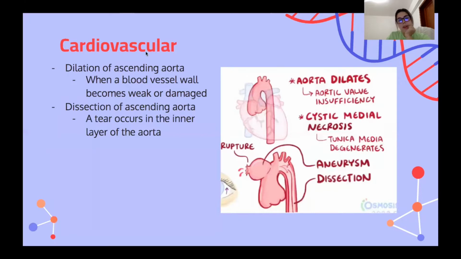Then now we have the cardiovascular features, which include dilation of the ascending aorta, which is when a blood vessel wall becomes weakened or damaged, as well as dissection of the ascending aorta, which is a tear that occurs in the inner layer of the aorta.